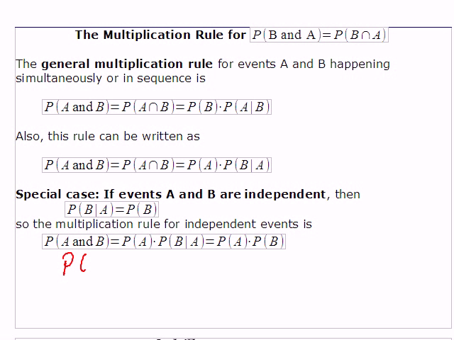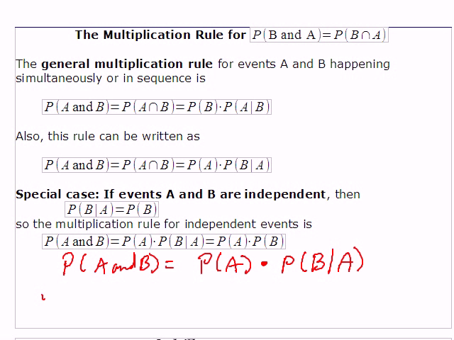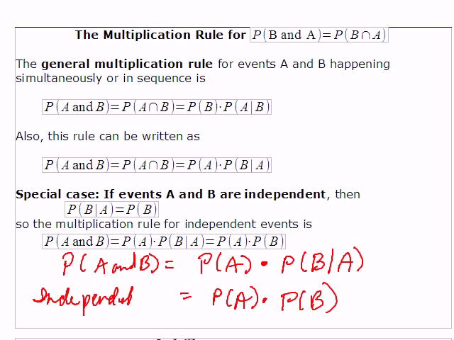The probability of A and B is the probability of A times the probability of B given that A has already occurred. Now if they are independent of each other, then this reduces to the probability of A times the probability of B. This is the special case, and this is the general case.